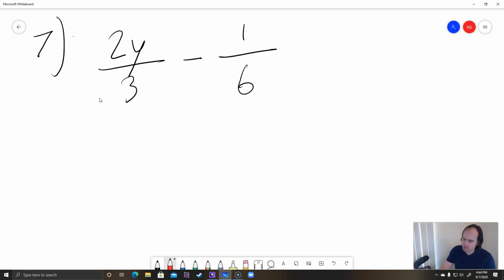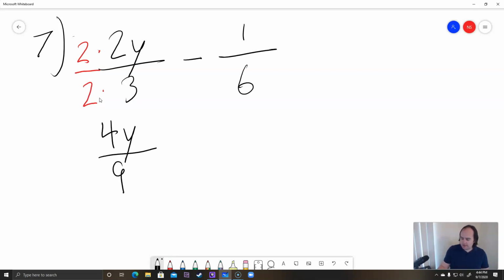So we're going to go ahead and multiply the first fraction by 2 on the top and the bottom. So that's going to give us 2 times 2 is 4y over 6, because 2 times 3 is 6. So we have 4y over 6 minus 1 over 6.